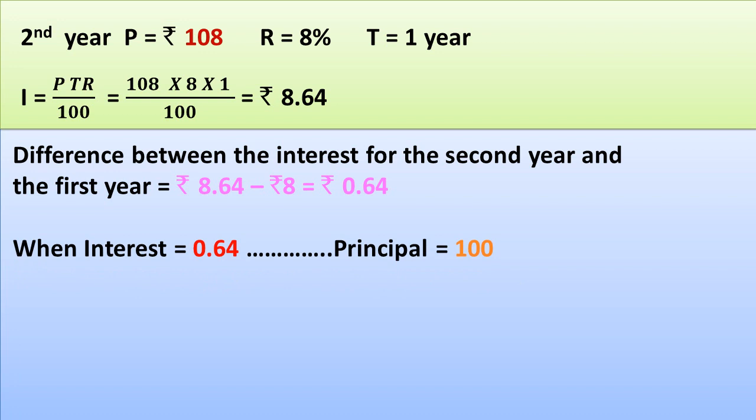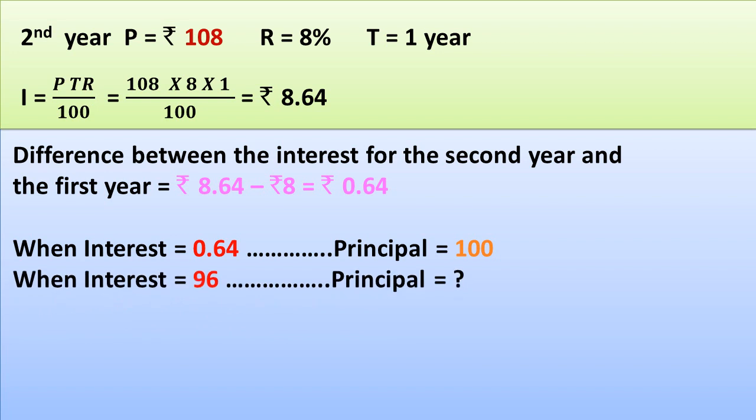So try to compare. When interest is rupees 0.64, principal is rupees 100. Similarly, if the interest is rupees 96, then what would be the principal amount? Calculate. The principal amount will be equal to rupees 15,000.